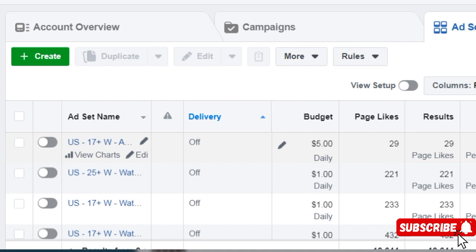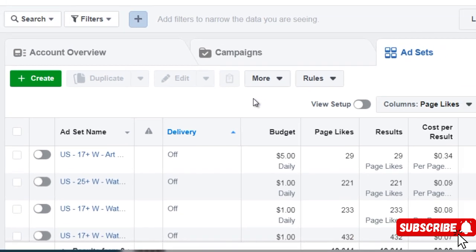Now I want to be transparent and honest and say that the majority of times you will not start out of the gate with a campaign that is getting you 1 cent or even 3 cents per like. Sometimes you do, sometimes you don't. So this is when it comes down to testing different images. You see, a lot of times when you're trying to figure out what actually resonates with your audience, it's really hard, right?